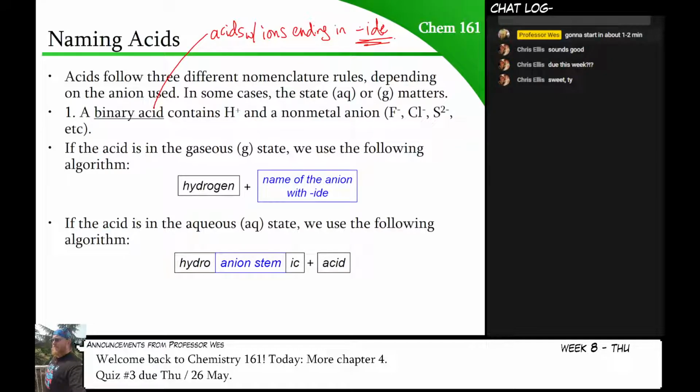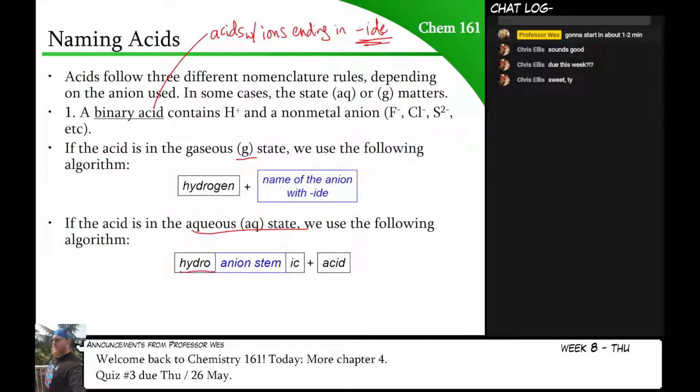In these acids, the state matters. If you have a gas for your acid, we name it like we would name a covalent compound: hydrogen plus whatever. But if the acid's in the aqueous state, we use this other rule, which is much more common.